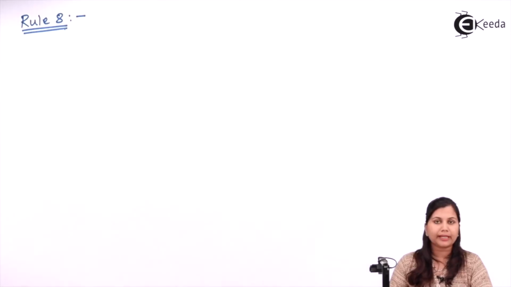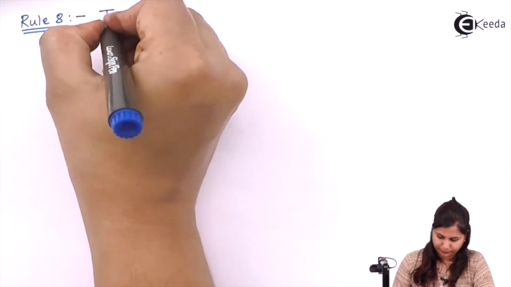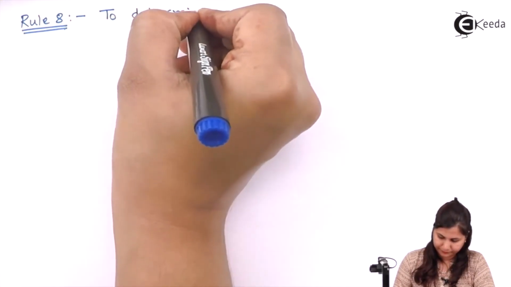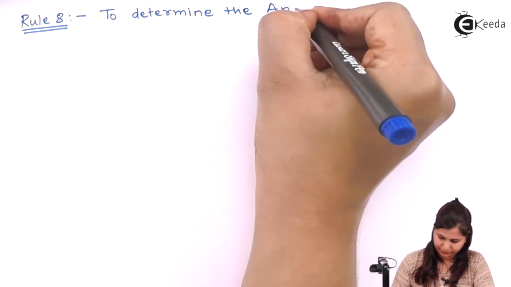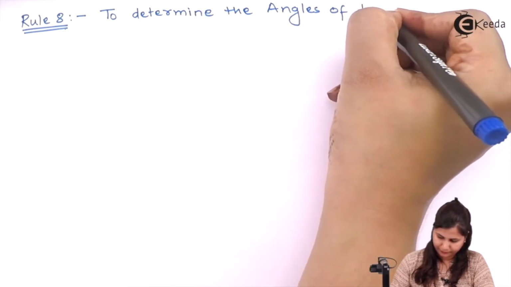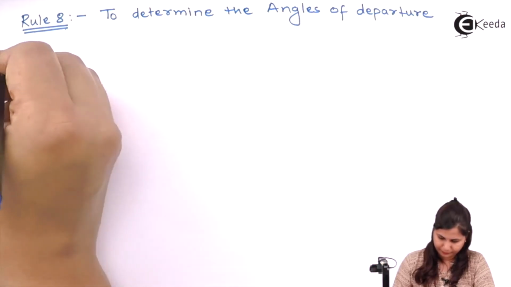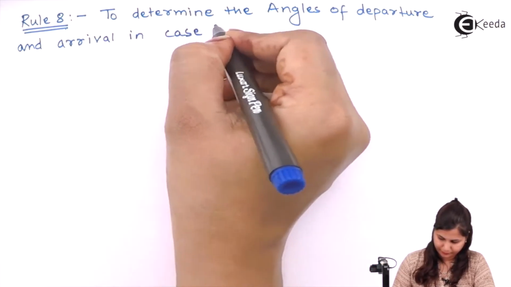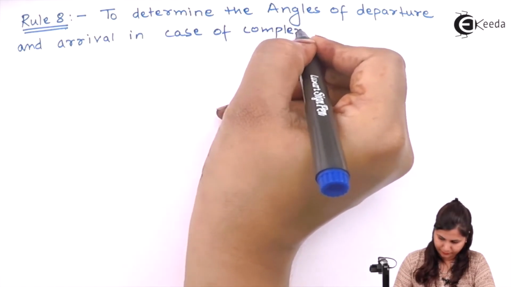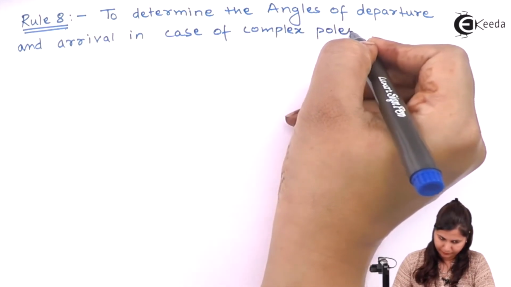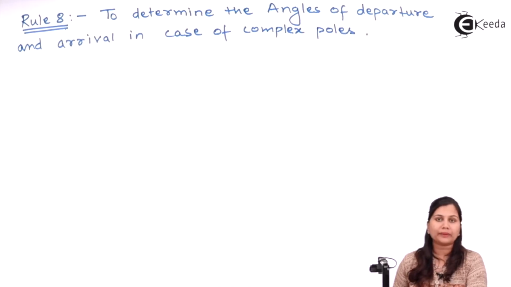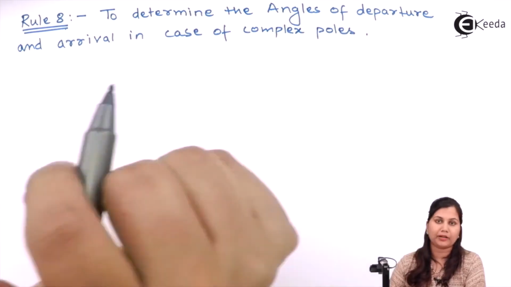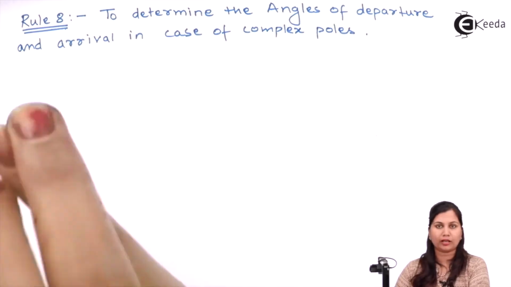So our rule number 8 is to determine the angle of departure and angle of arrival. How can we determine these angles? There are formulas for it.